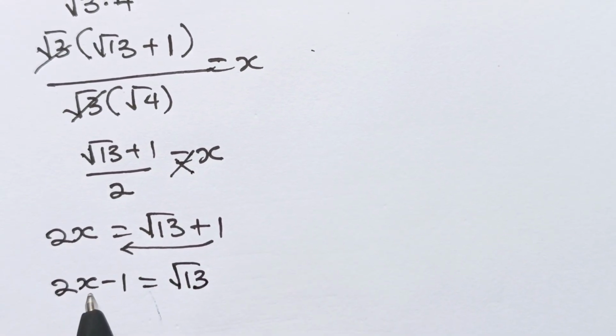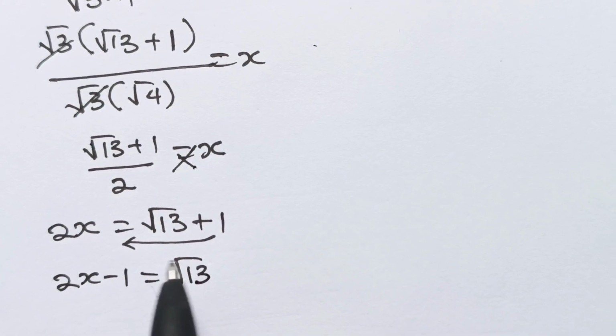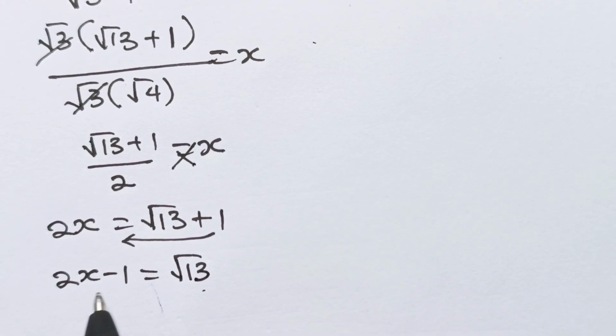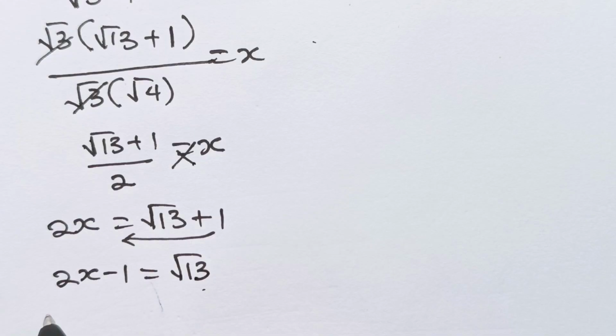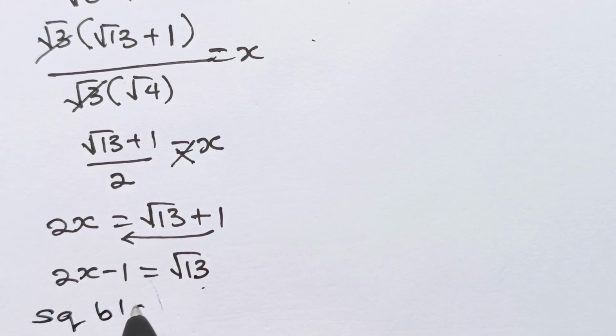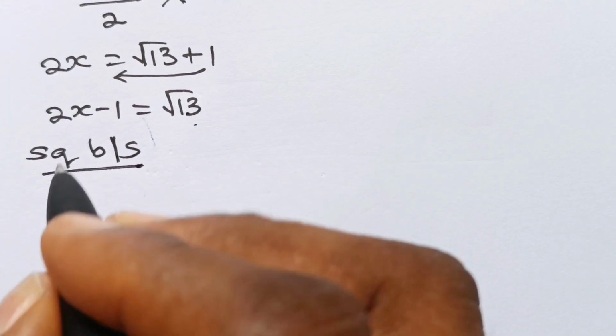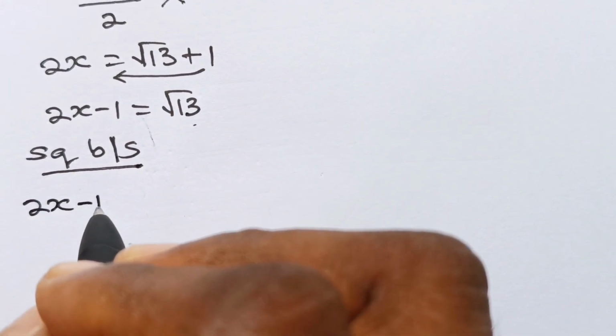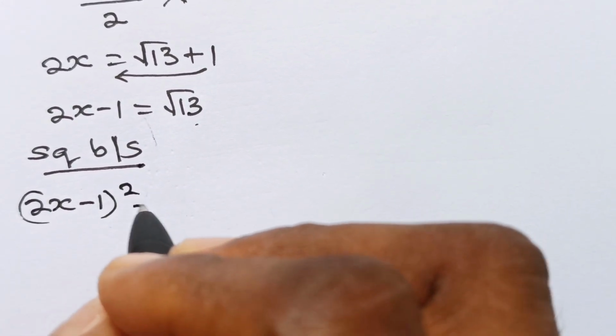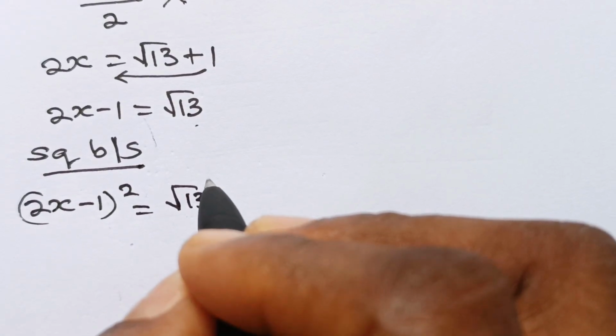Remember that our intention is to get x squared, okay? And the easiest way to do that is to square both sides of this equation. So let's square both sides. If we square both sides, we have (2x minus 1) squared is equal to (root 13) squared.